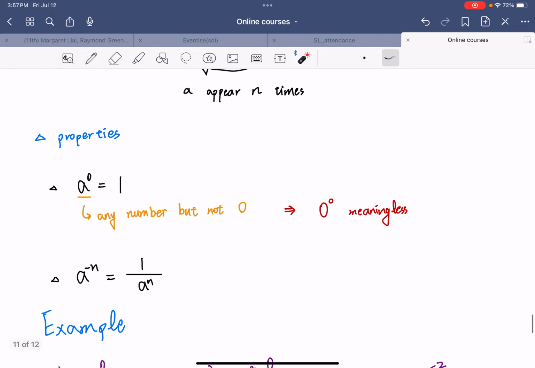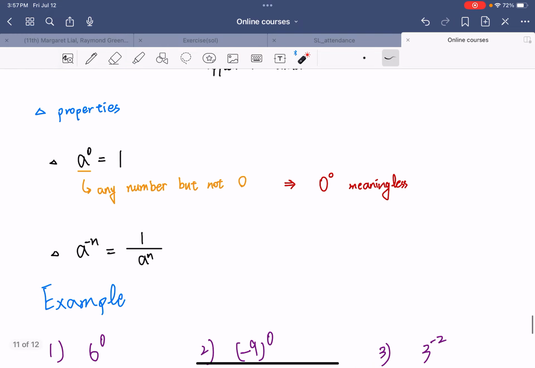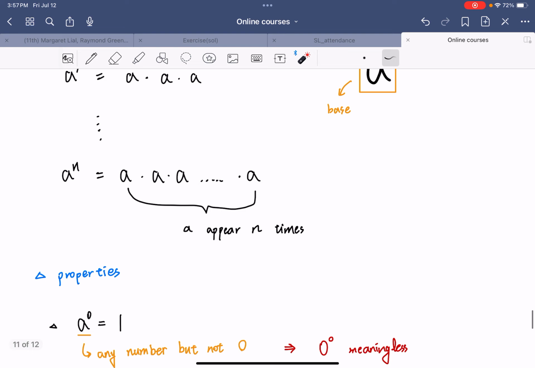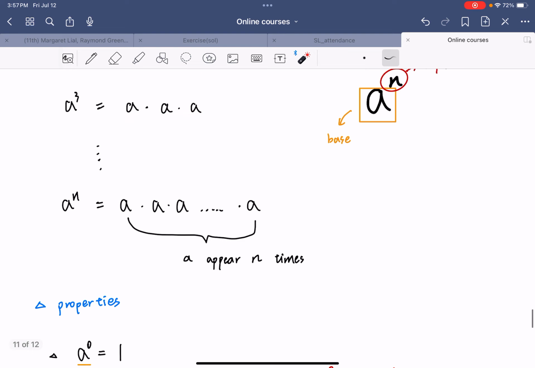And let's look at some properties of it. So you might think, okay, today we have a with power of 3, but what about a with power of 0? What is it?